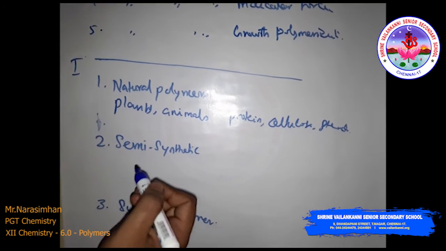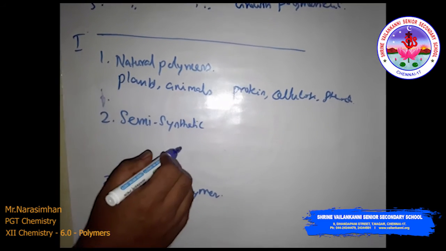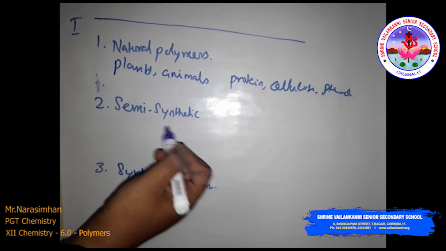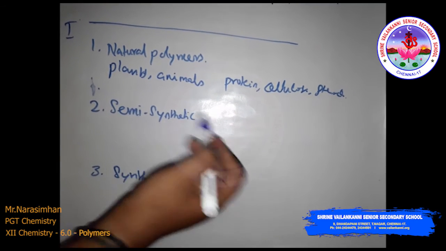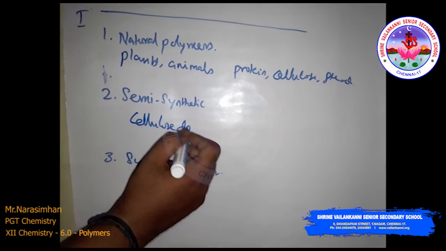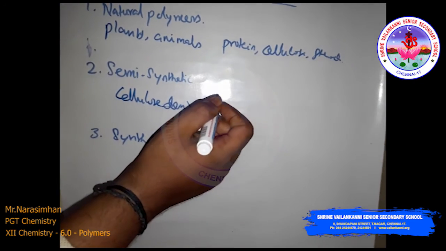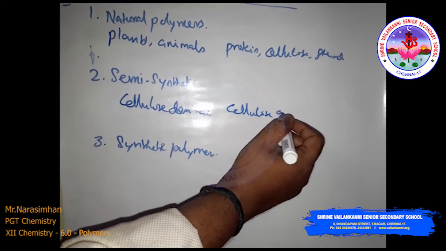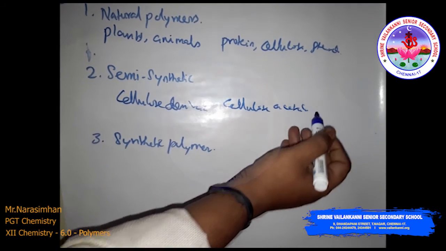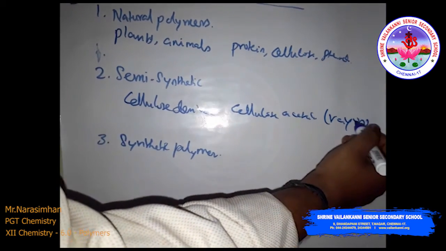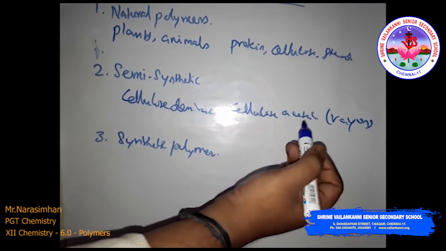Then semi-synthetic. Semi-synthetic means natural and synthetic, that is why they are called semi-synthetic. They usually come from cellulose derivatives, like cellulose acetate, which is nothing but rayon, then cellulose nitrate.